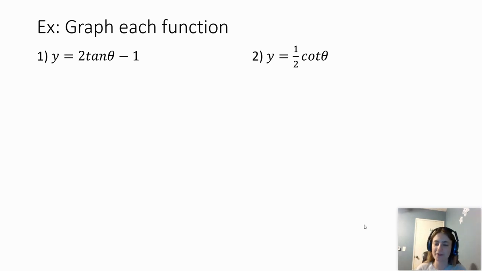So let's put all that into practice and do some examples. So first let's sketch our axes.